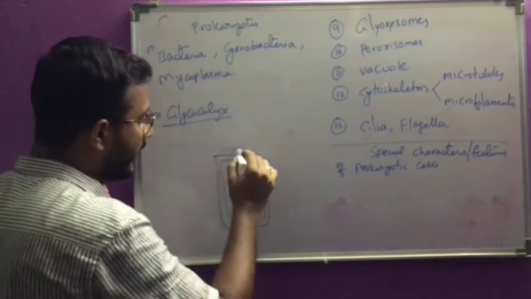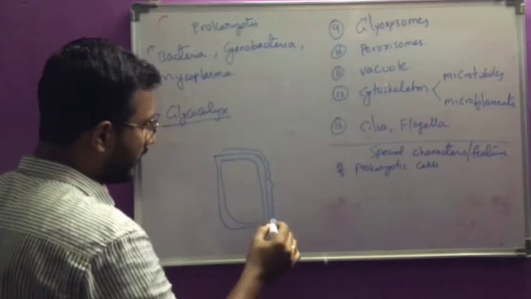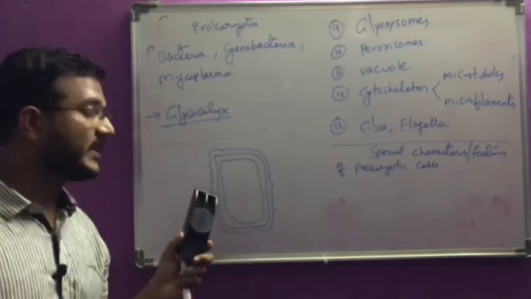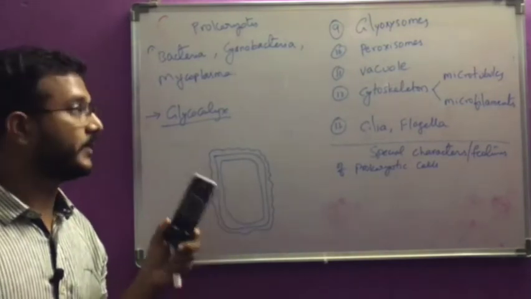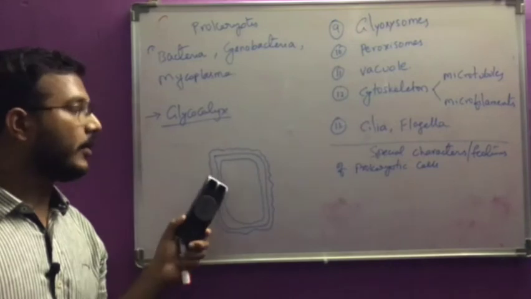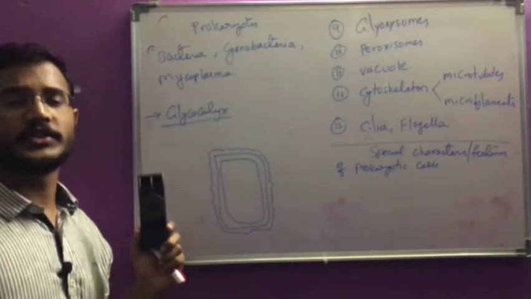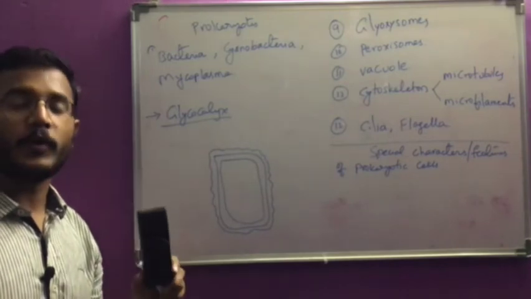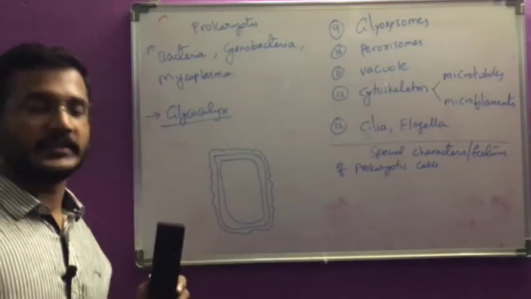It is the outer layer above the cell wall. Normally this layer is absent in the remaining types of organisms. But in bacteria, cyanobacteria, mycoplasma, we have the outermost protective layer, that is glycocalyx. How it is secreted and what are its functions, we will discuss.